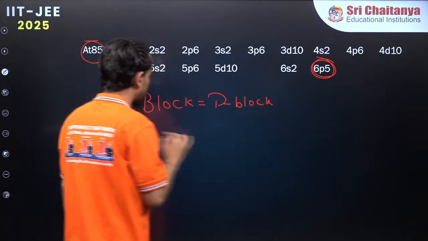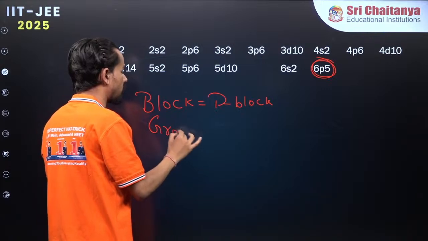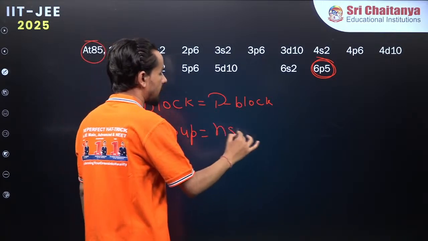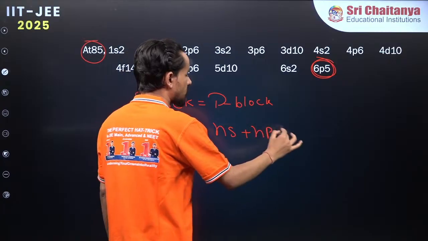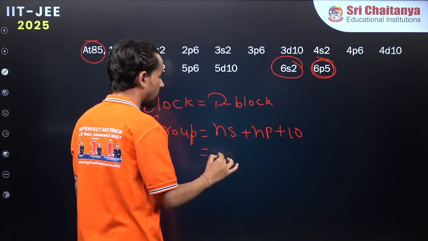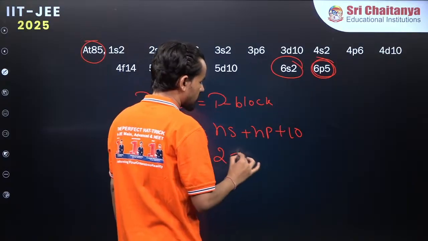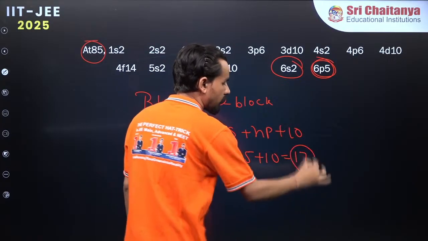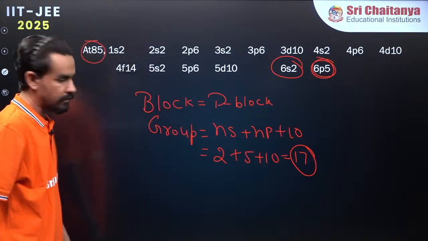Apart from that, in case of p block, how to find out the group? It is very easy. That is ns electrons plus np electrons plus 10. Tell me, ns electrons, that is 6s2, that means 2. np electrons 5, plus 10, that is equal to 17. Group number is 17. That's it.